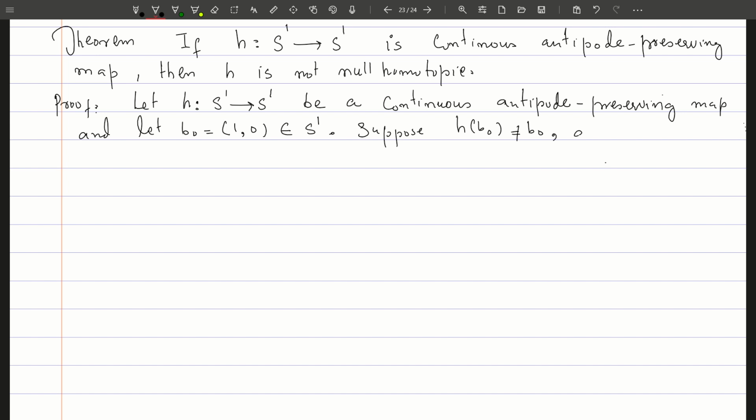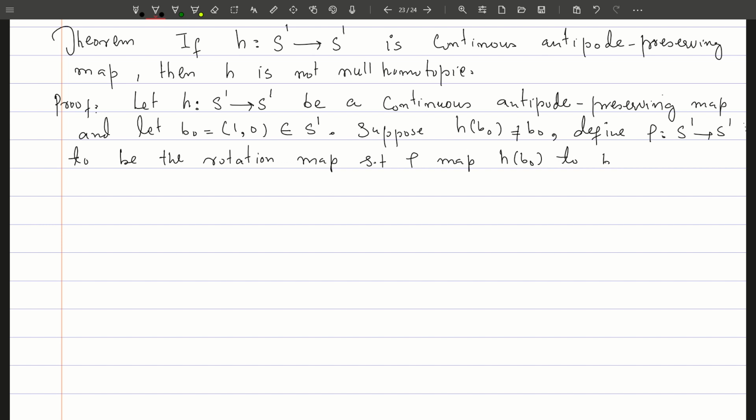So define rho from S1 to S1 to be the rotation map such that rho maps h of b naught to b naught.